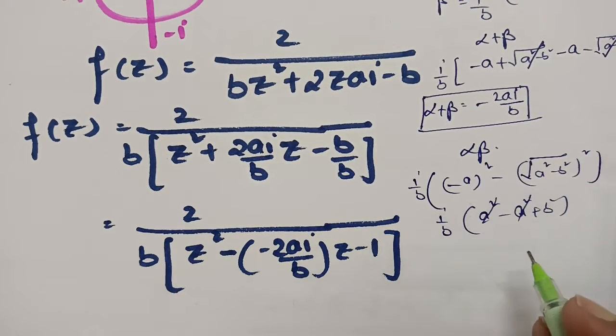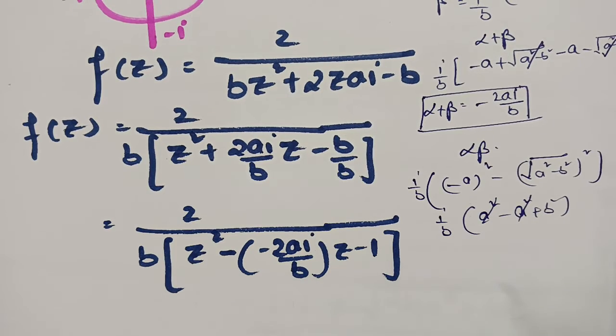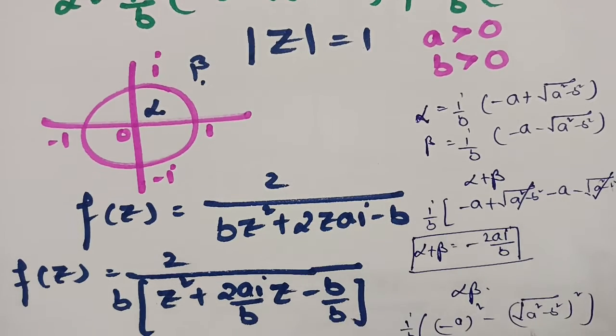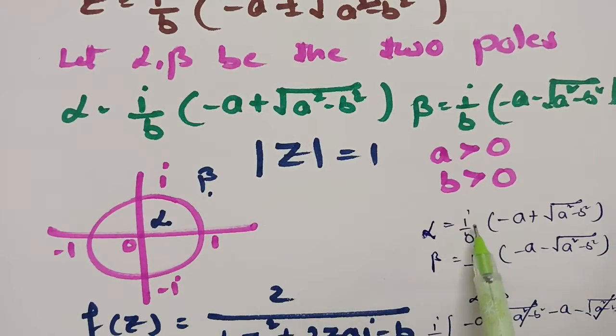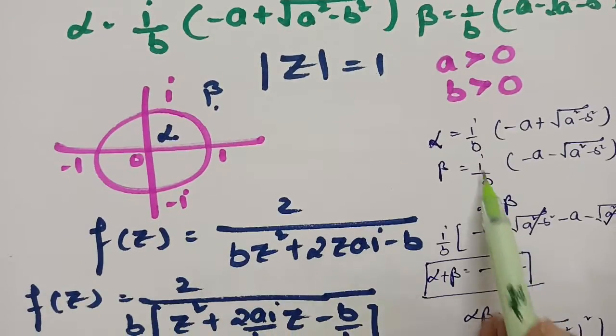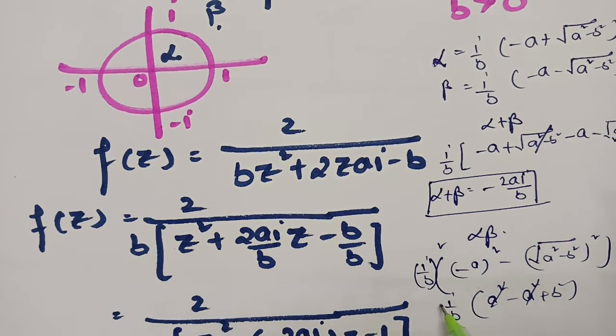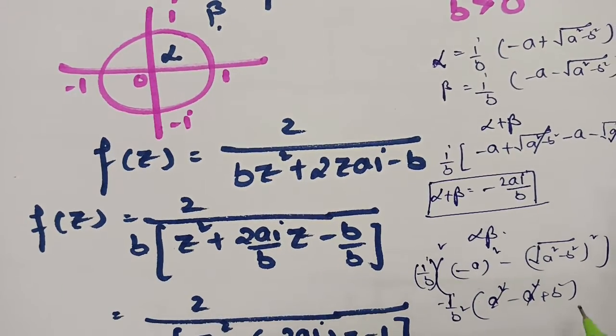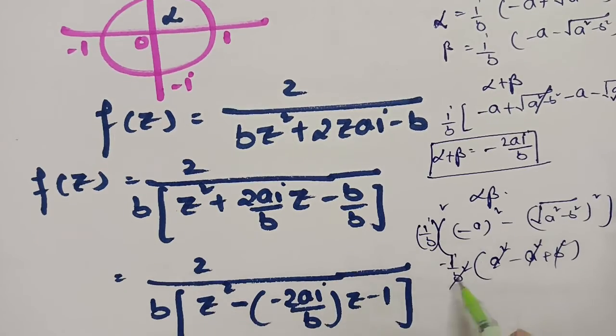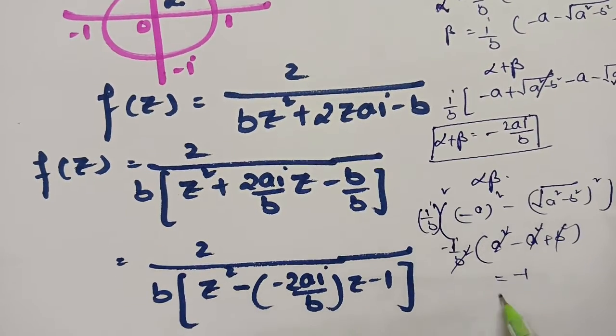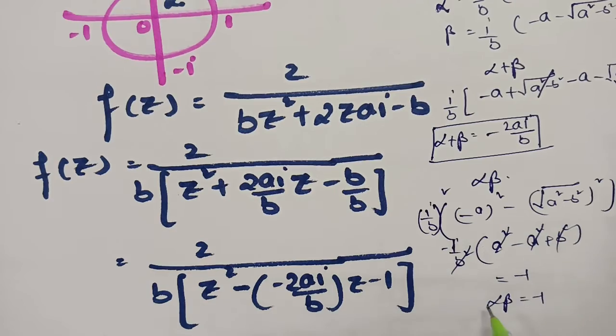So if I cancel, see here, alpha into beta. What is alpha here? i into b, and here also i into b. So this will be squared. So i square is minus 1. This is b square, if I cancel b square, the value here is minus 1.